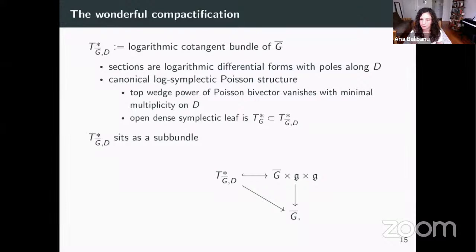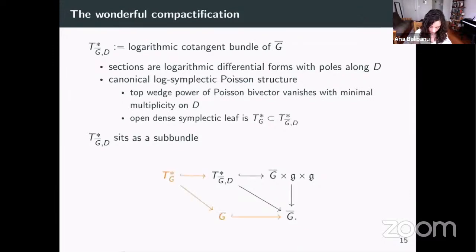sitting inside G bar. So the wonderful compactification has a very nice feature, which is that its log cotangent bundle sits as a subbundle inside this trivial Lie algebra bundle on G bar. And I'll quickly explain how this works because it will motivate what we do next.